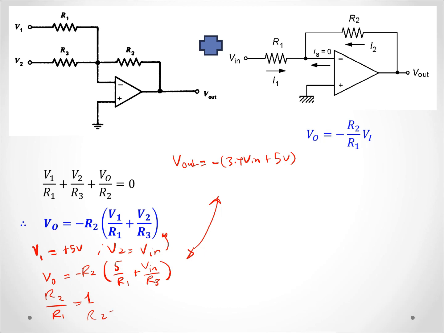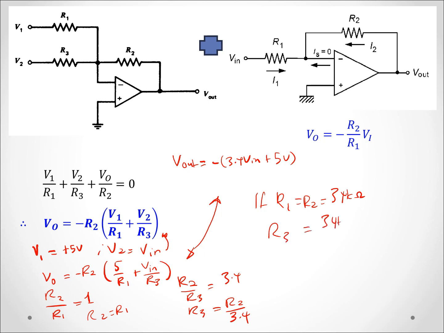So R3 will be equal to R2 over 3.4. If we choose R1 equal to R2, both equal to 34 kilo ohms, our R3 will be equal to 34 kilo ohms divided by 3.4, which is equal to 10 kilo ohms.